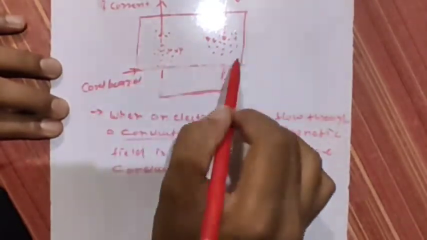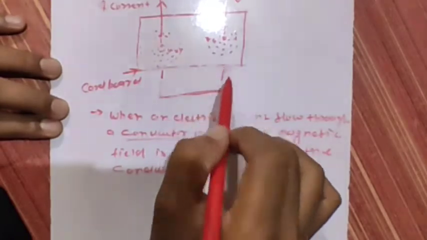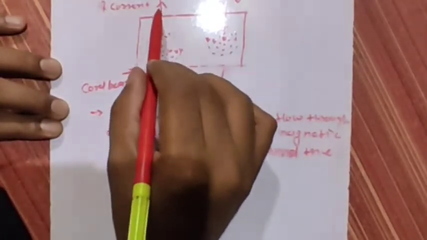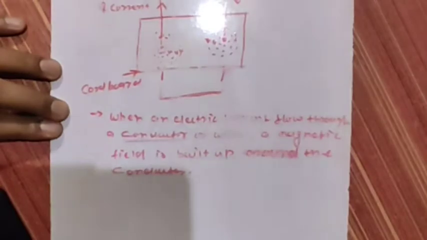We take a cardboard and the conductor is crossing the cardboard. When the current passes through the conductor, a magnetic field is created, shown here.